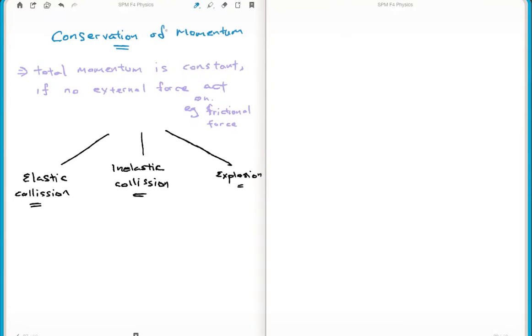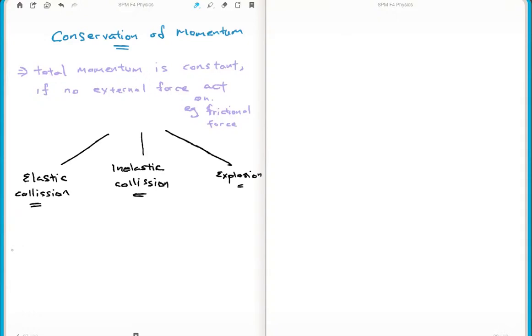For elastic collision, let me give you a scenario. If you have played with a Newton's cradle before, I hope you know what it is. It's a few balls and tick tock, tick tock. Maybe you can look for a YouTube video.